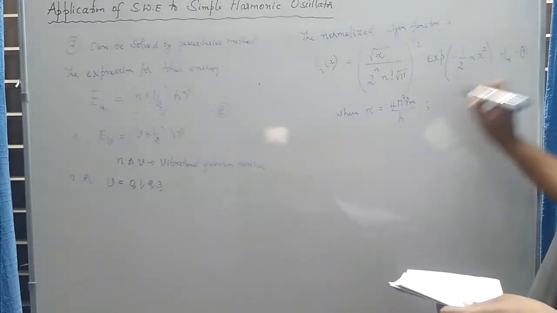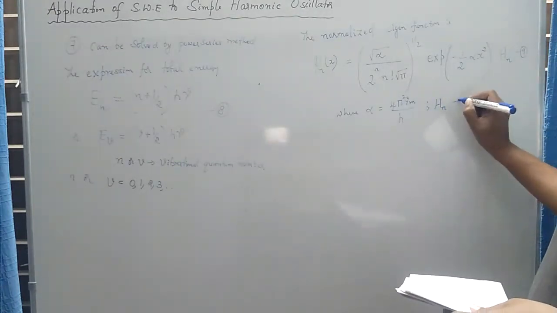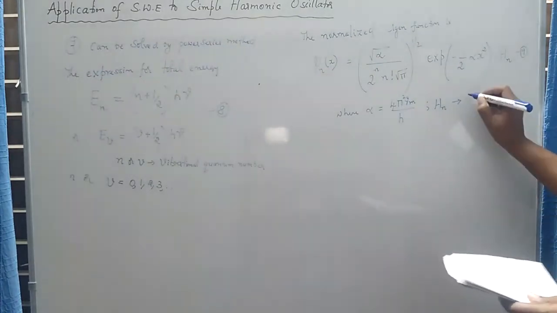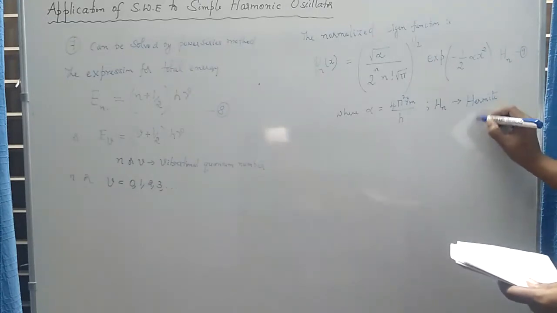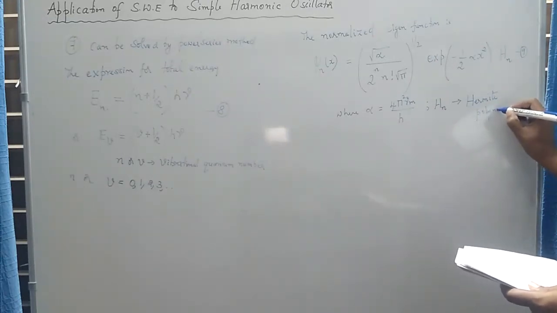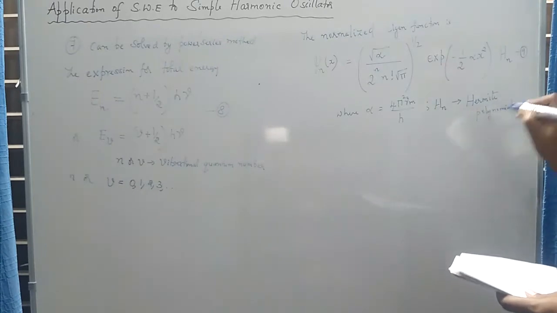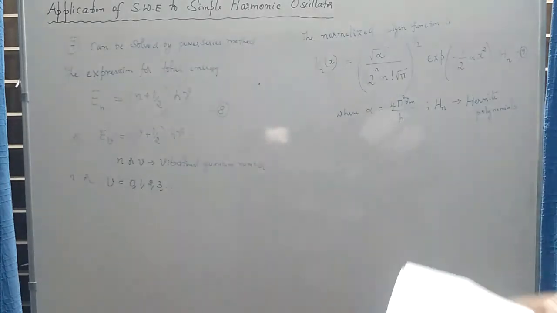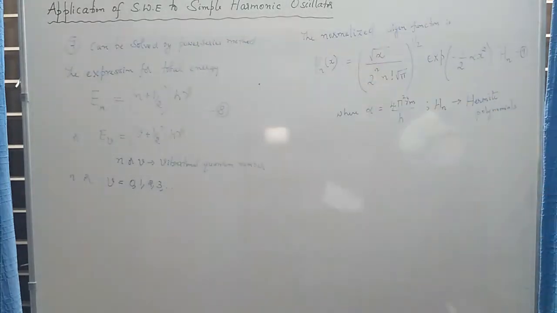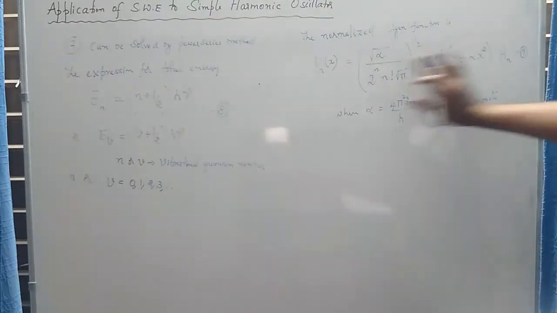And this term Hn is a polynomial, a mathematical polynomial called Hermite polynomials. What is its expression, and what are its different forms, we will not discuss. All those will be done in your postgraduate course. So this is the expression that you have to remember.